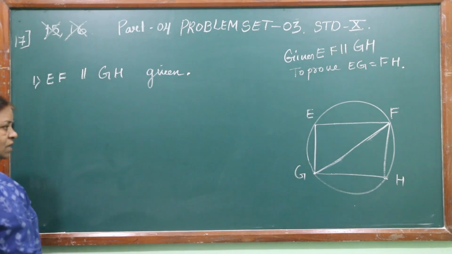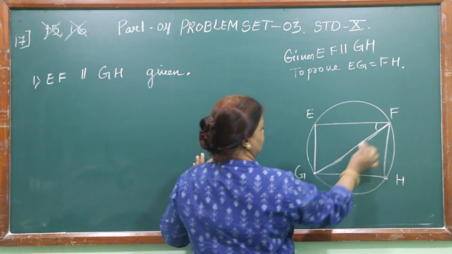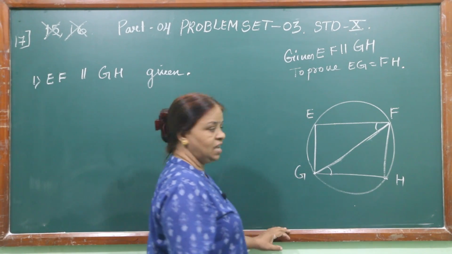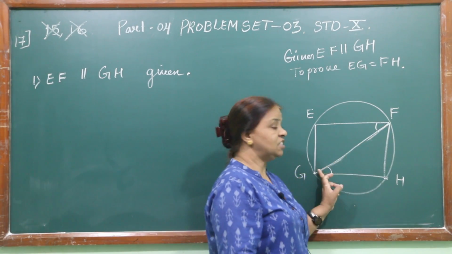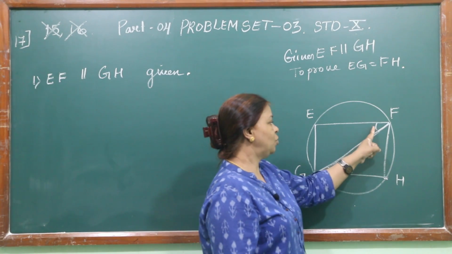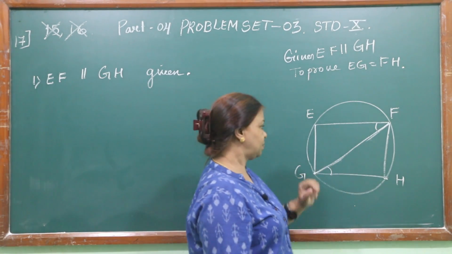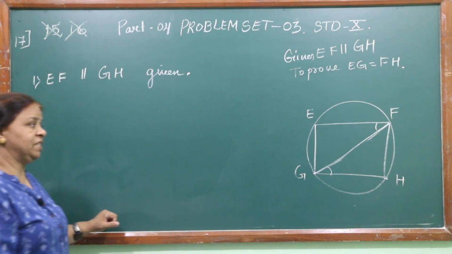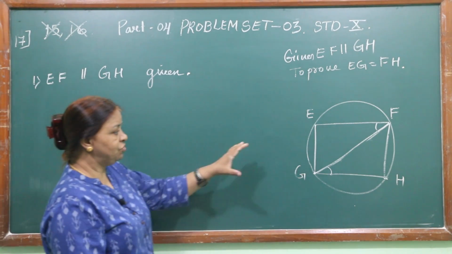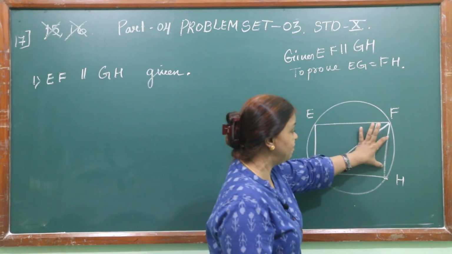Since it is parallel, what about these two angles? If GF is a transversal, this line is parallel to this line. What about this angle and this angle? Those two angles will be equal. So what would happen, children? See, we want to prove chord GE equal to chord FH.